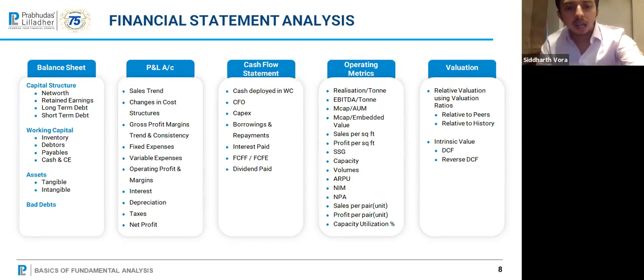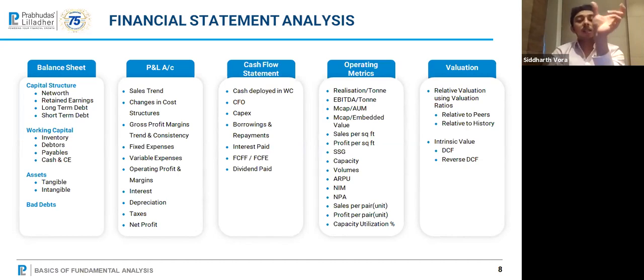For example, if on fundamental grounds the ROE is similar, the margins are similar, the growth is similar, but the valuation is lower, this is your chance to buy that stock. Because if the fundamental characteristics of a company are very similar, but the valuation has not caught up, there is a very high probability that there will be a re-rating in that stock.